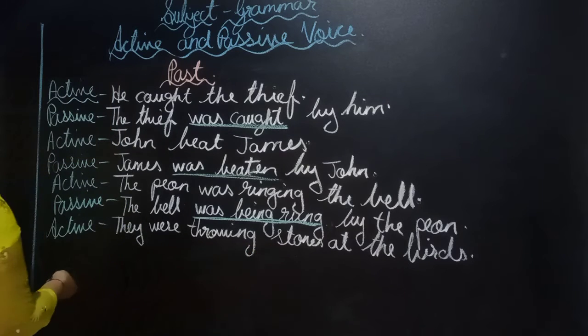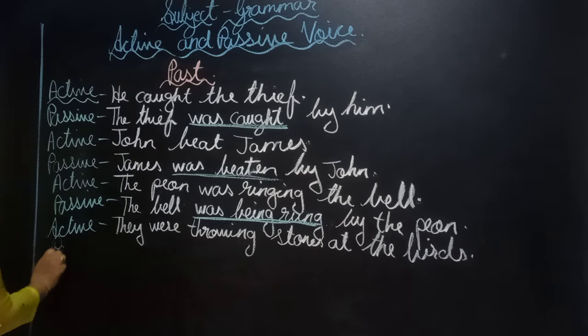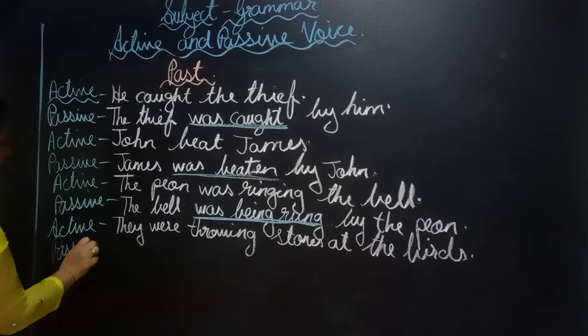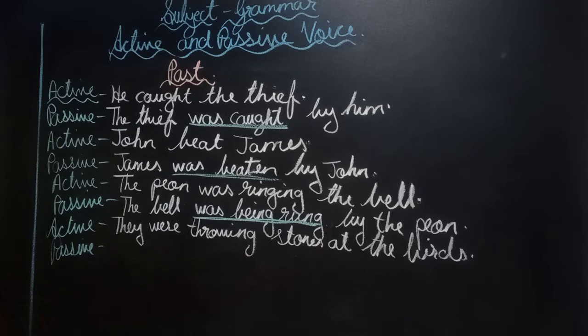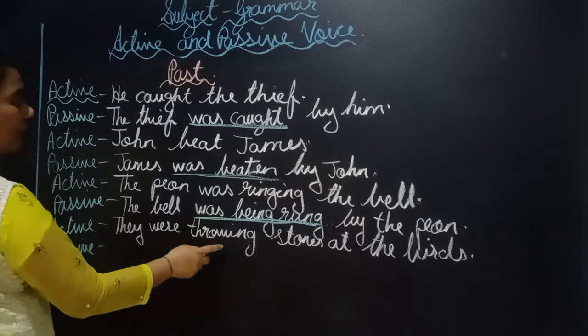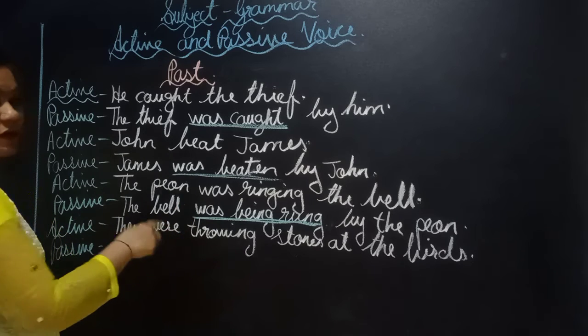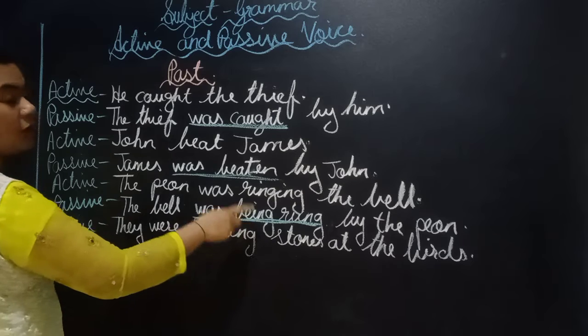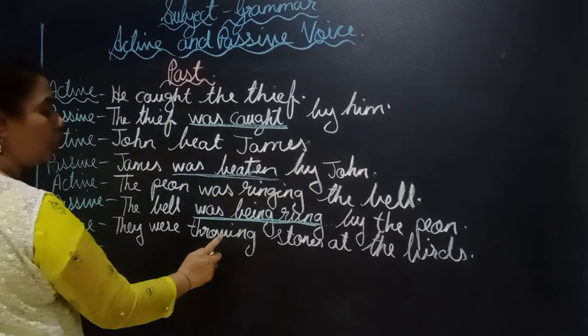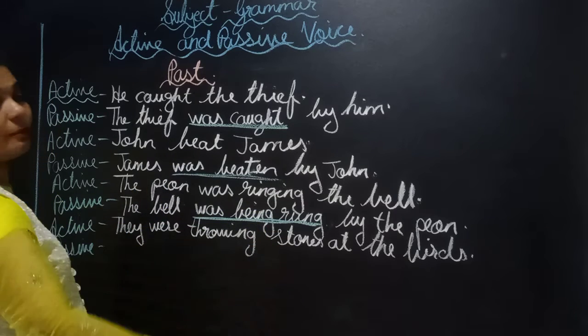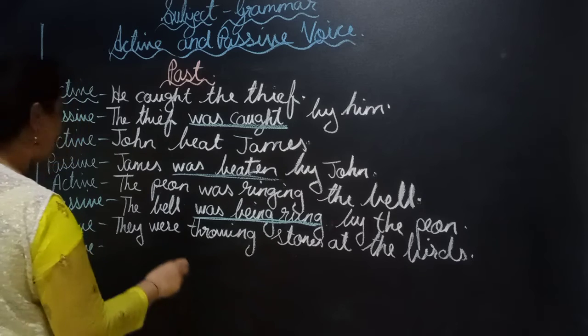Write down stones. Remember this is also continuous, so in continuous you have to use was or were plus being plus past participle of the verb. The past participle of throw will be thrown, right?